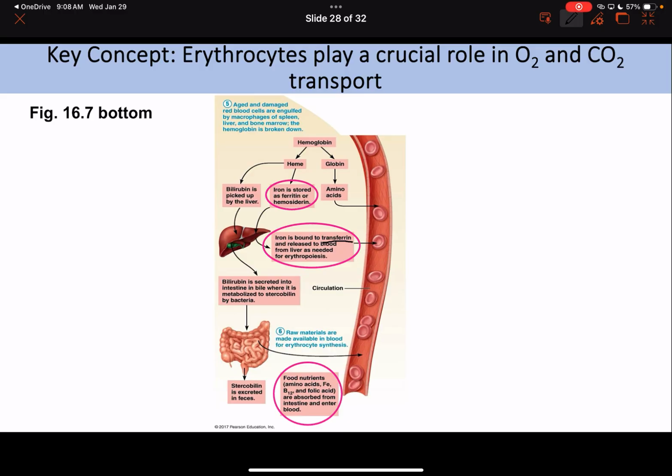And then other dietary requirements, we need to make sure we have lots of amino acids or protein in our diet. Hemoglobin is a protein, so we need amino acids to build it. B12, and you'll learn about this with your homework on anemia as well. B12 is needed for mature red blood cells.